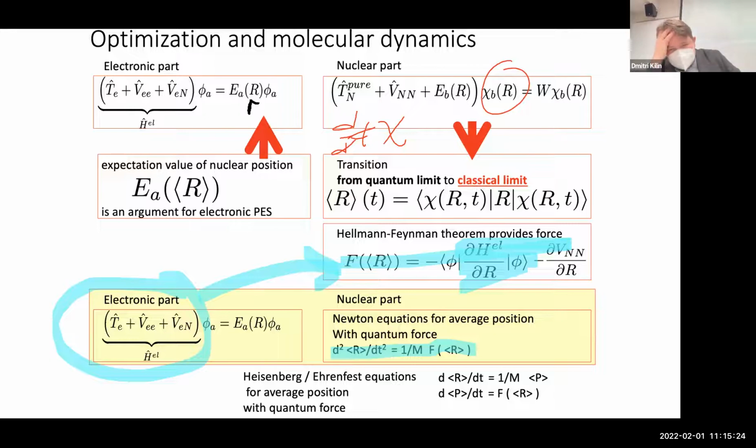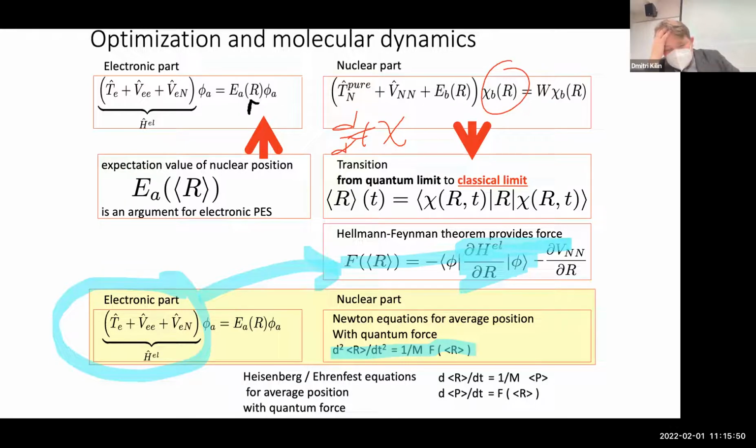And then we decided that we focus only on the expectation value of positions of ions. And when we carefully do it, it relates to the Heisenberg equation of motion and the Ehrenfest theorem. We are getting equations which are very, very similar to Newton's equation of motion.